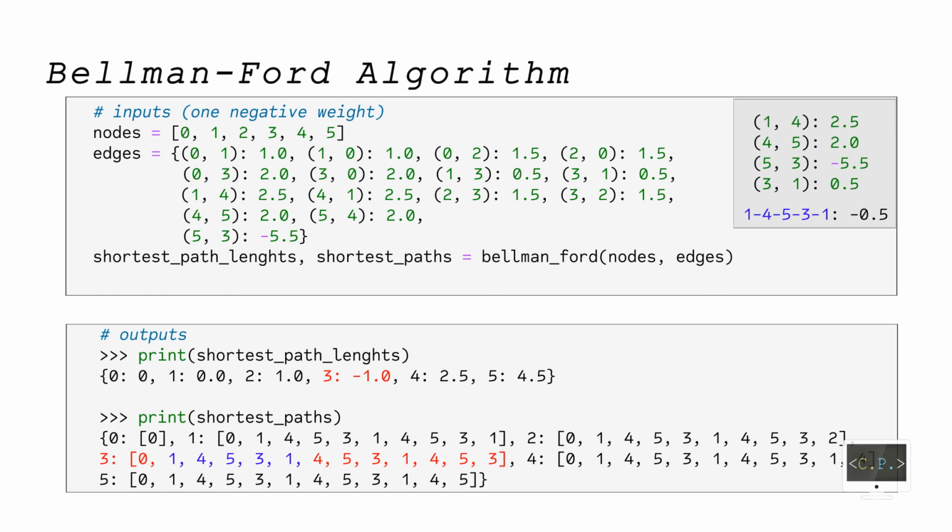And the weight of this cycle is minus 0.5, which is negative. So the Bellman-Ford algorithm fails to solve the shortest path problem when there is a negative weight cycle. However, the good news is that it can detect negative weight cycles. Before showing how it does, it's worth mentioning that if there is a negative weight cycle, the concept of the shortest path problem is meaningless. Because by moving through a negative weight cycle, the path length can become minus infinity.